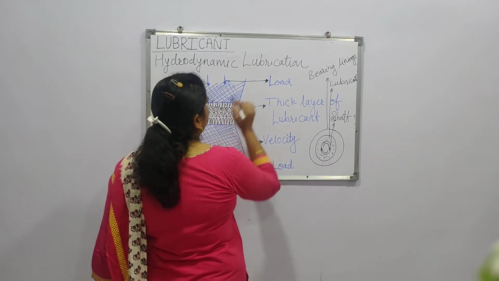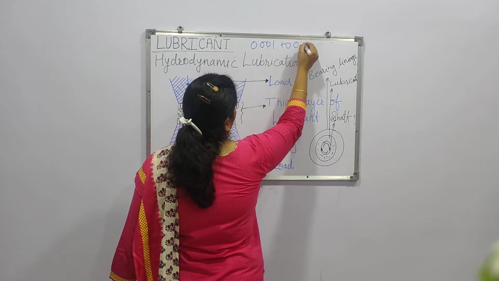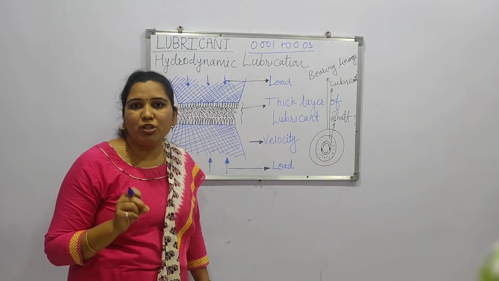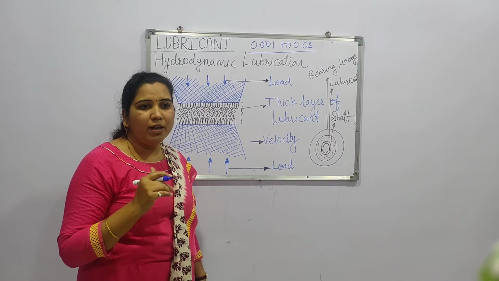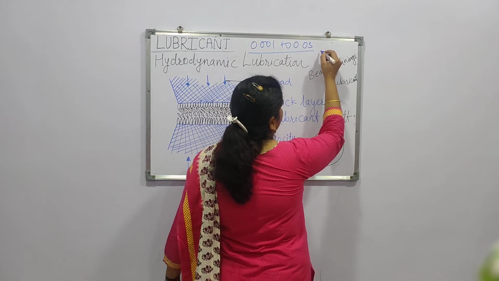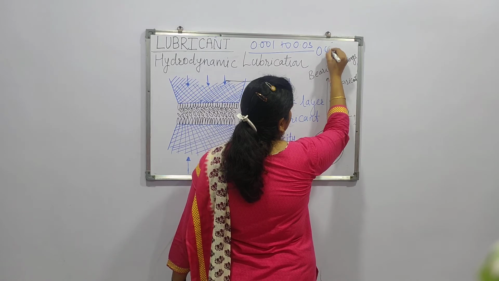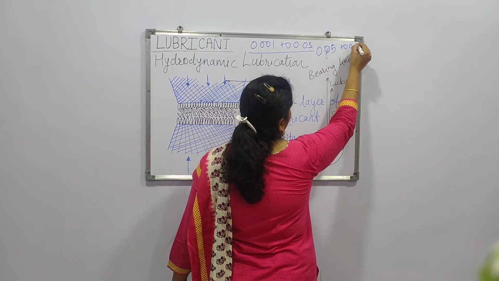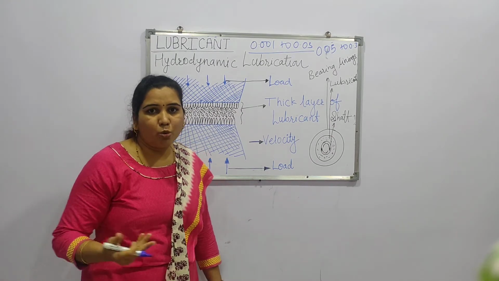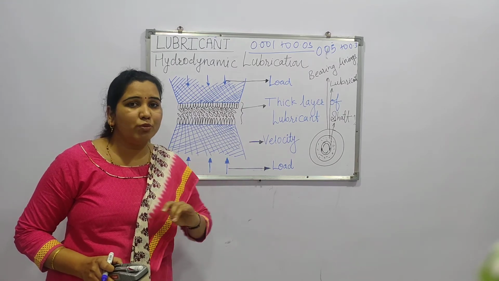In the case of hydrodynamic lubrication, it is 0.001 to 0.03. Whenever no lubricant is used, this ratio is 0.05 to 0.3. So here there is a very low coefficient of friction, which means that practically no friction is found.